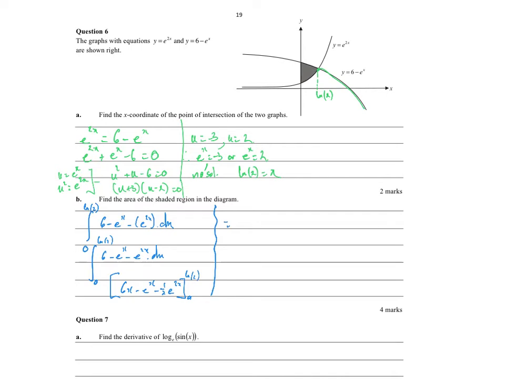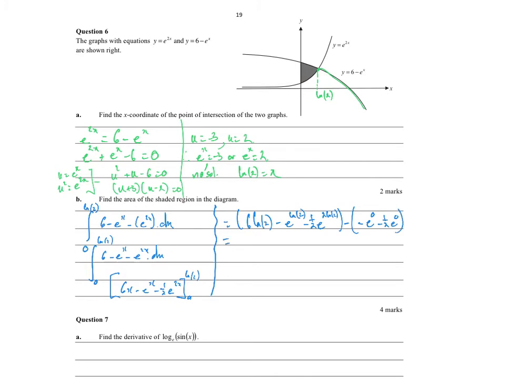So that's equal to, substitute natural log of 2 in, 6 natural log of 2 minus e to the natural log of 2 minus 1/2 e to the 2 natural log 2, minus, put 0 in, 0 minus e to the 0 minus 1/2 e to the 0.